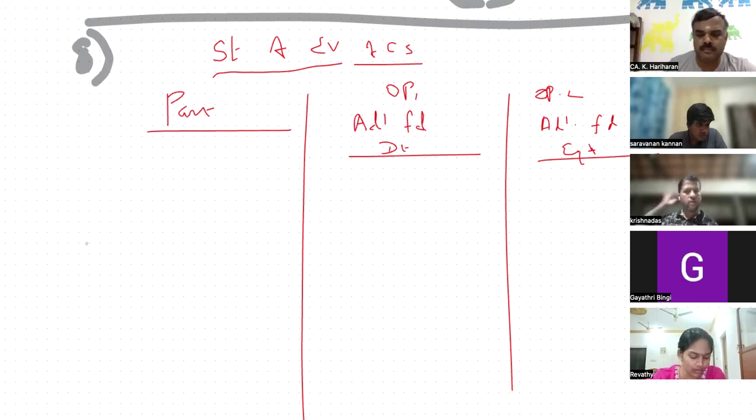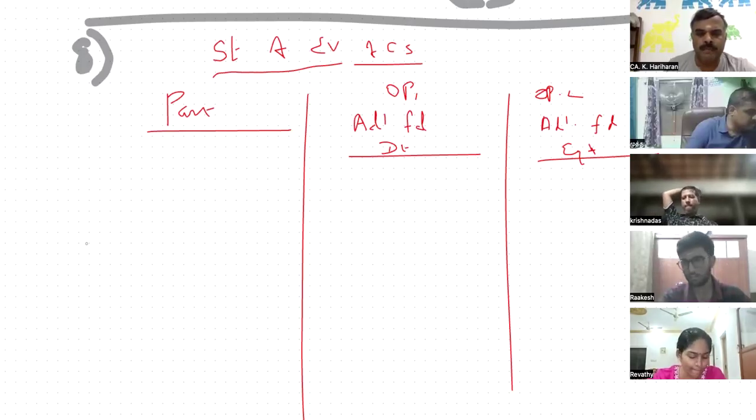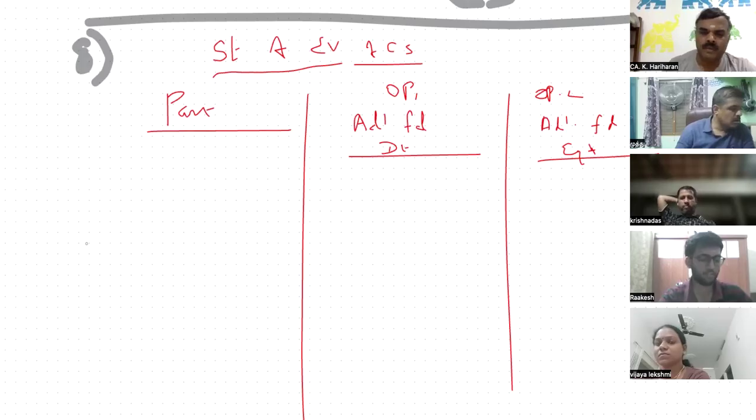Not given. Total capital outlay 40 lakhs. Planning a new project is 40, isn't it? Yes, sir. New project. Existing?